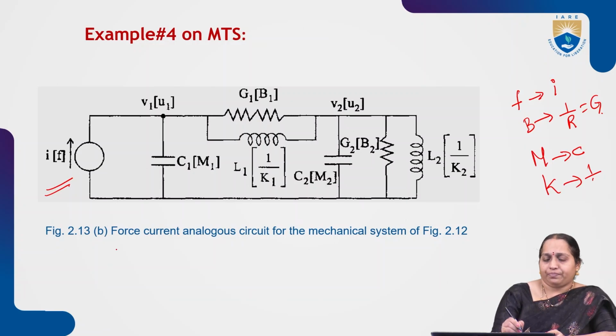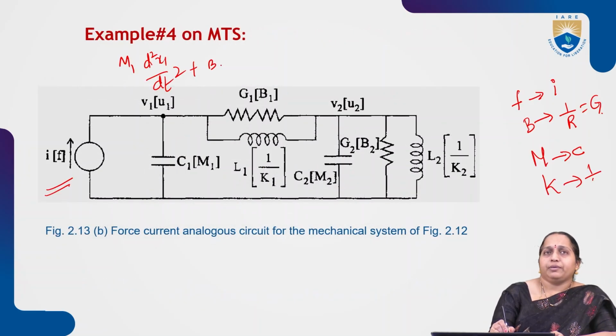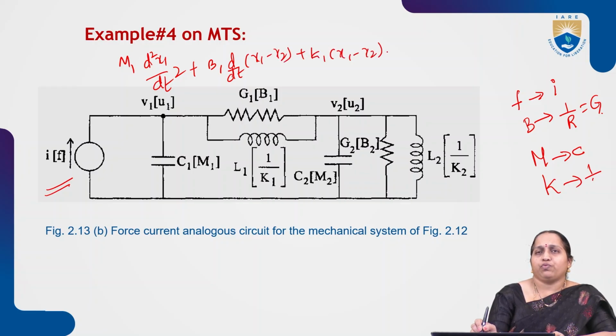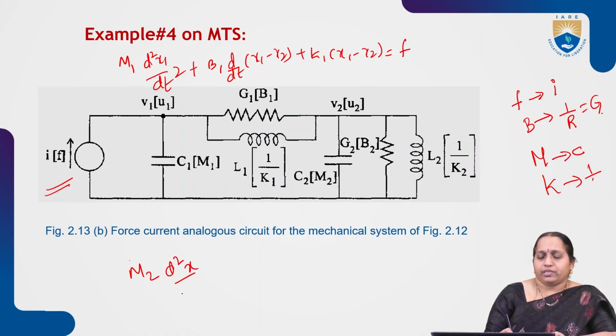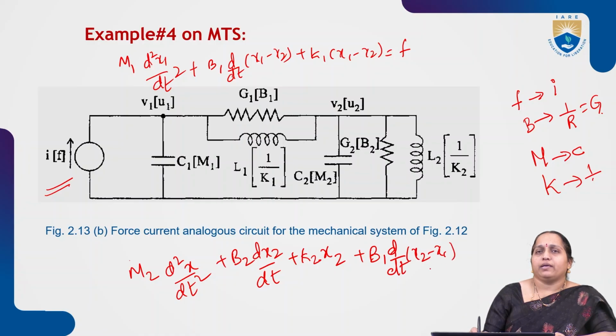M1 d square x1 by dt square plus B1 d by dt of x1 minus x2 plus k1 into x1 minus x2 is equal to F. And the second equation is M2 d square x2 by dt square plus B2 dx2 by dt plus k2 into x2 plus B1 into d by dt of x2 minus x1 plus k1 into x2 minus x1. The sum of all these forces is equal to 0.